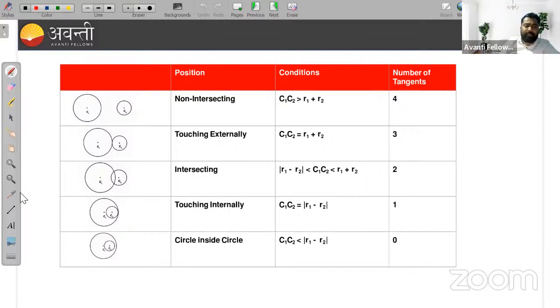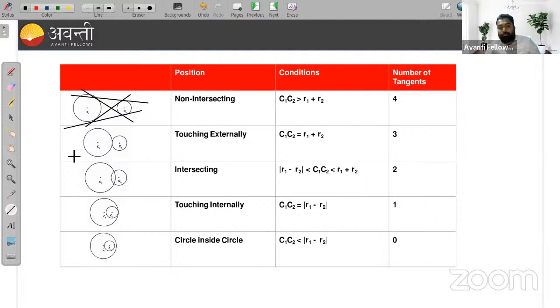How? You can visualize here also. See, this is my first tangent, which is common. This is my second tangent, this is my third tangent, and this is my fourth tangent. So the number of common tangents will be 4.